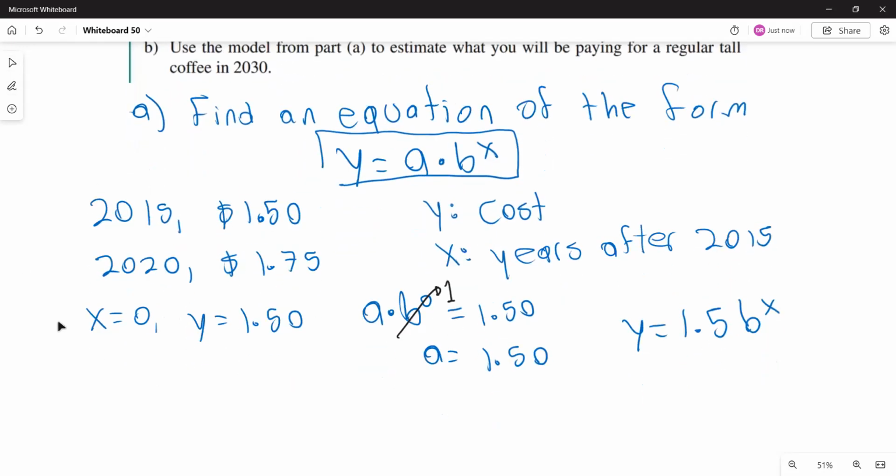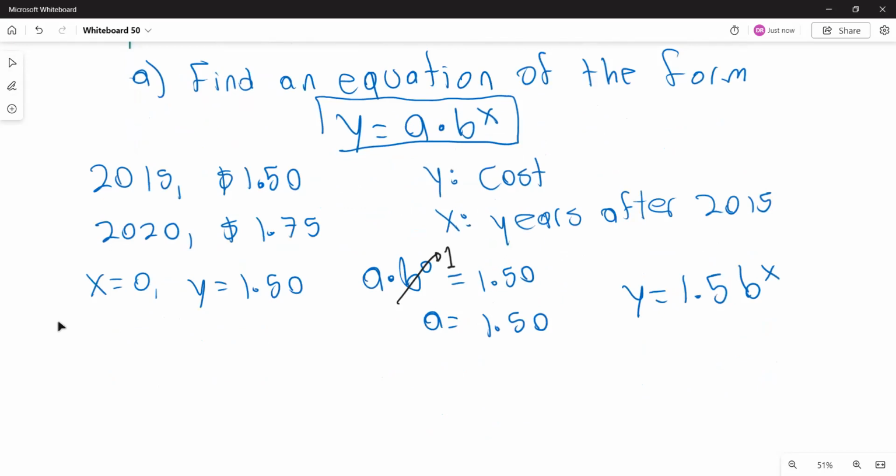We're going to use the other point. 5 years later, the cost was $1.75. So 1.50 times b to the 5th power is 1.75.